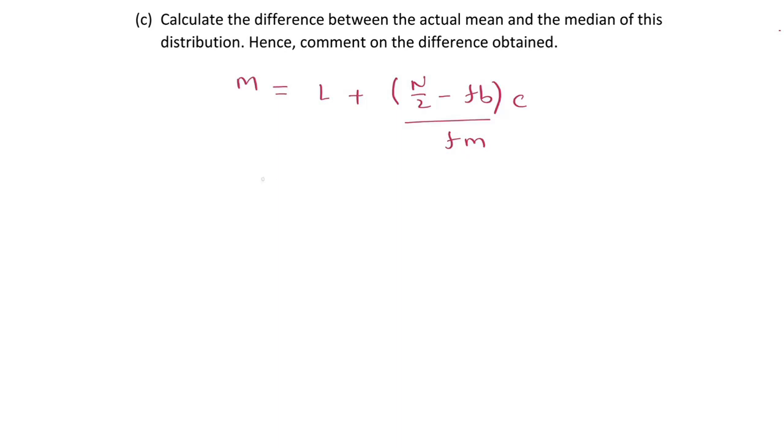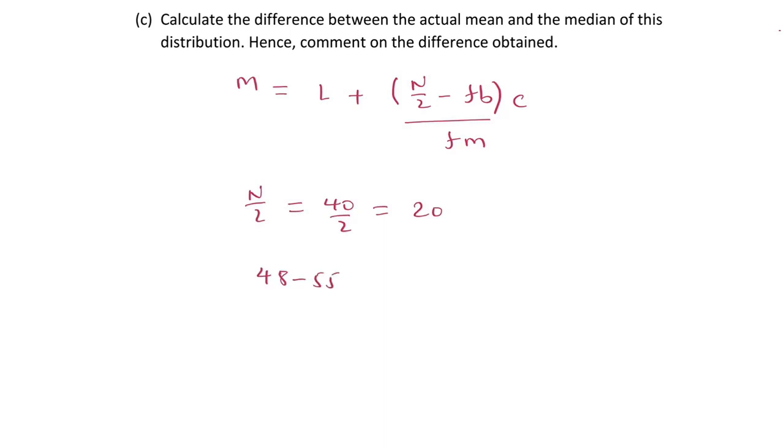Okay, so when we are taking N over 2, where our N is 40, so when we are taking 40 divided by 2, we are going to get 20. And then this shows that our median class is 48 to 55.